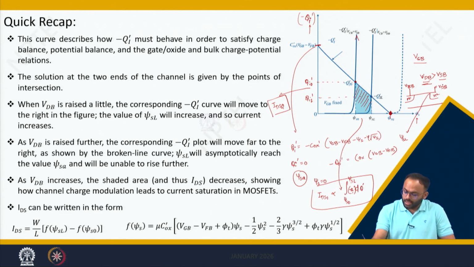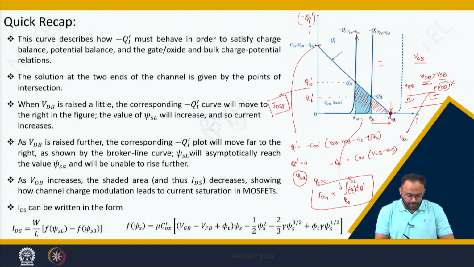It means the effect of VDB will be lost in the current, that is IDS1 and IDS2. So the ultimate current is nothing but the area of this trapezoid. When you increase VDB, this point will shift to this side and collide with psi sa. When it happens, the total current can be given by the area of this triangle, which is nothing but constant and does not change with VDB.